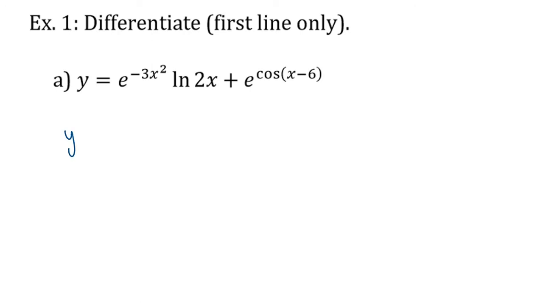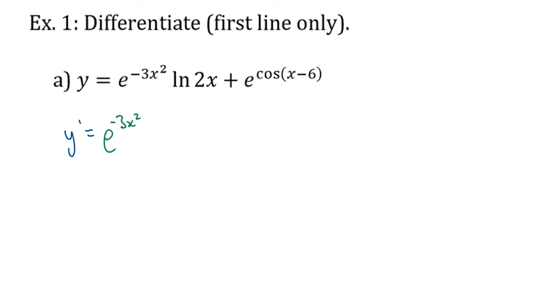Okay, so y prime equals, now right away I see that this is product rule because I've got two things multiplied together here. So the derivative of the first thing is e to the negative 3x squared.